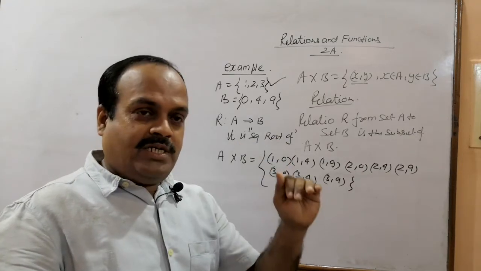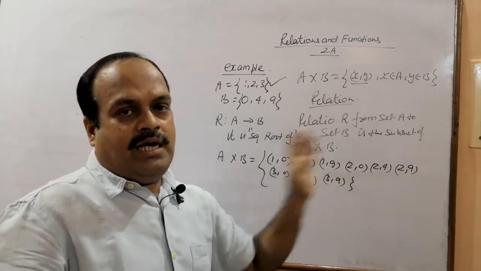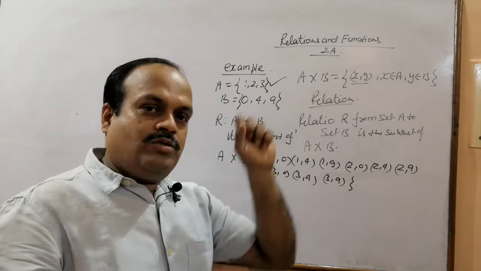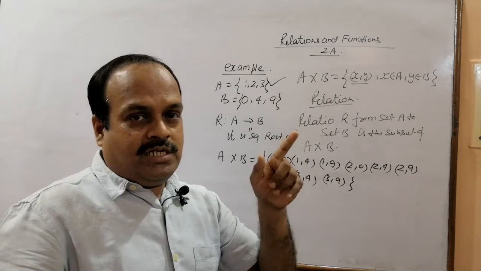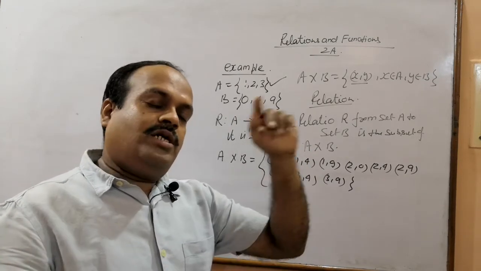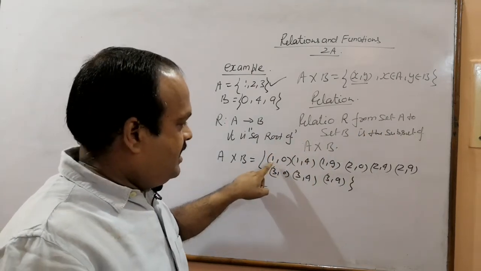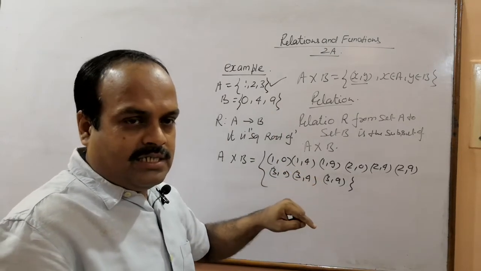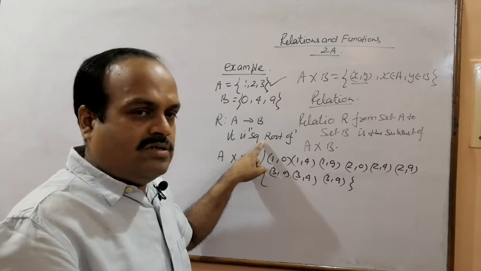You have so many elements in A cross B, so you have to select those elements in which the first entry may be the square root of the second entry. Start with the first one. Is this ordered pair having its entries satisfying this? No, I don't think so.